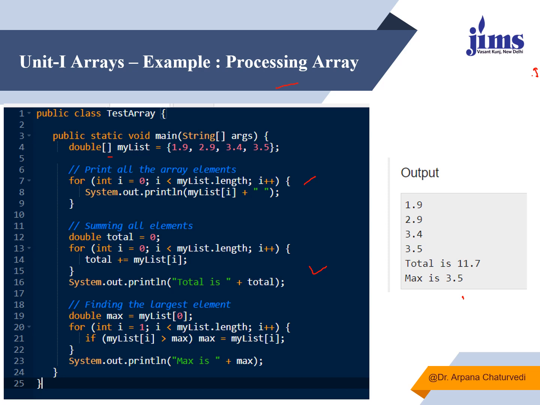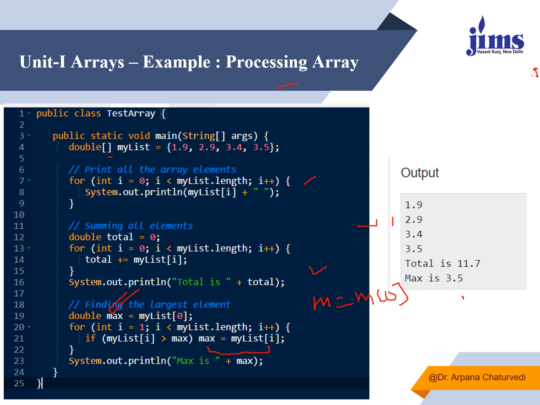So the first time, let's say max is equal to the initial value in the array, that is the value at the 0th position. After that I start from 1, move towards the other elements and compare each and every element with this max. If I find any element which is larger than max, then I will swap it. Here I am swapping it.